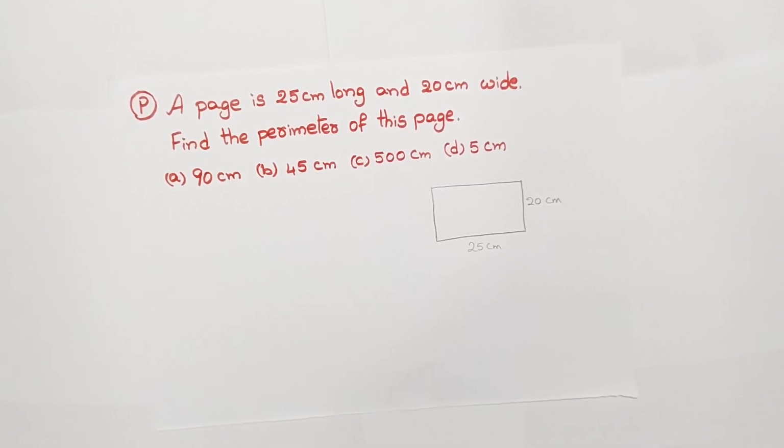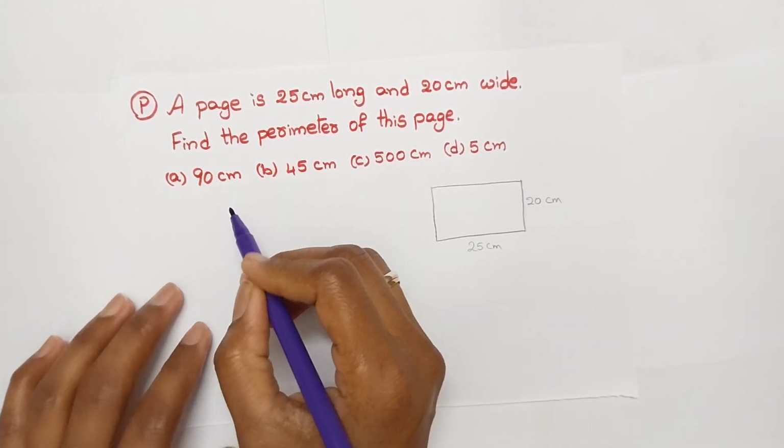As the page is rectangle shape, we need to take the formula of perimeter of rectangle. First, we write the values of the length and breadth separately.